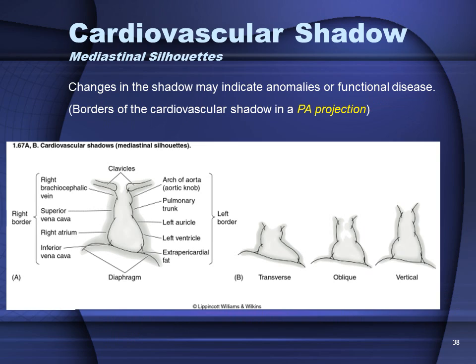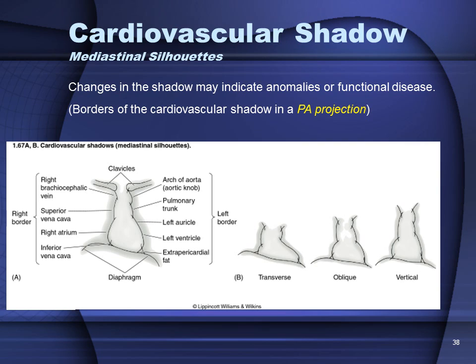I've mentioned the cardiac silhouette or cardiac shadow several times now. Sometimes we refer to this shadow or image on the film as the cardiovascular shadow, or collectively mediastinal silhouettes. This is the image that appears on the film that contains the heart and vessels within the mediastinum, that space that's between the lungs.